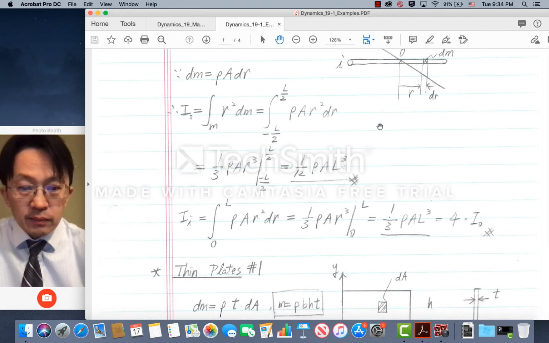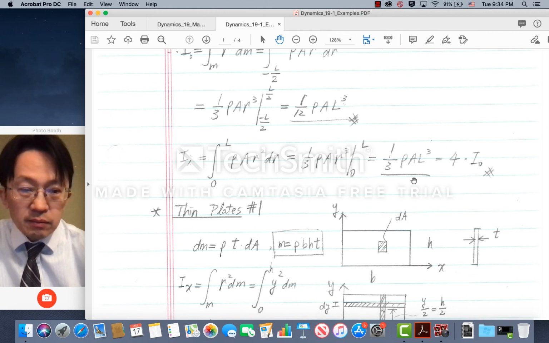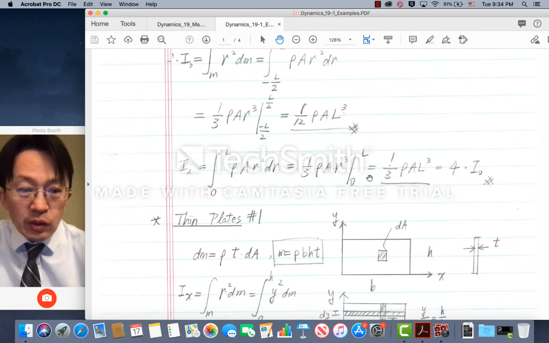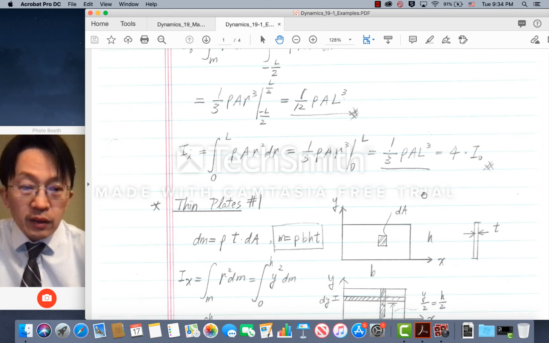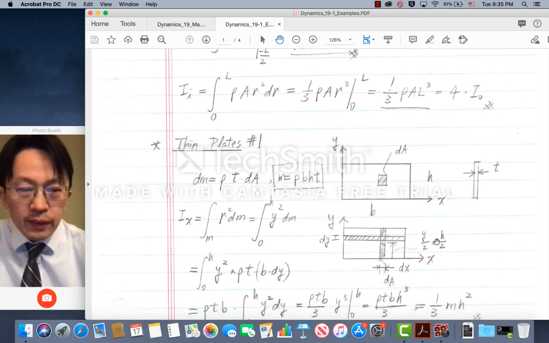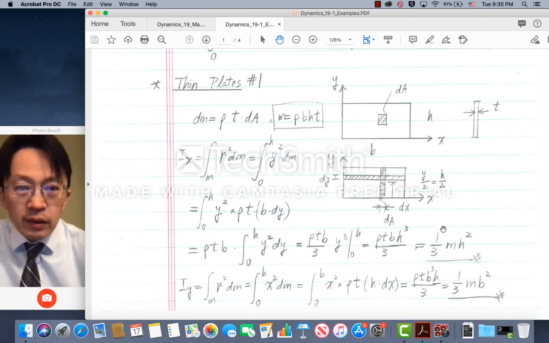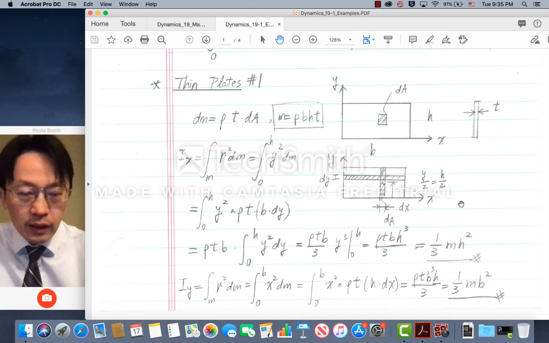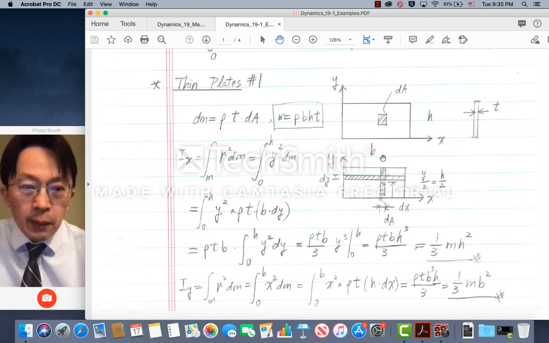However, in the case of the thin plate, we now consider that the perpendicular direction is no longer insignificant. It also has a dimension, which we call h. So in this rectangular thin plate case, we have the length denoted by b and the width denoted by h. The thickness of the thin plate, let's call it regular t here.